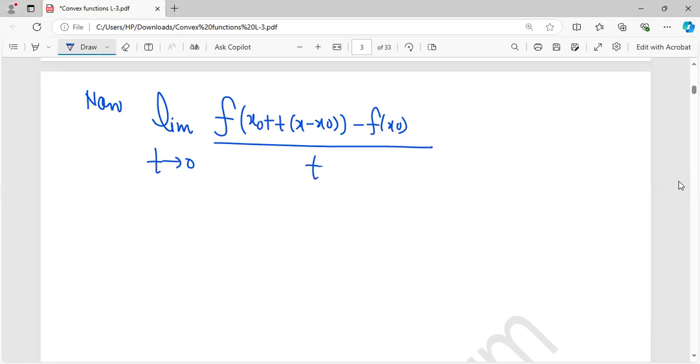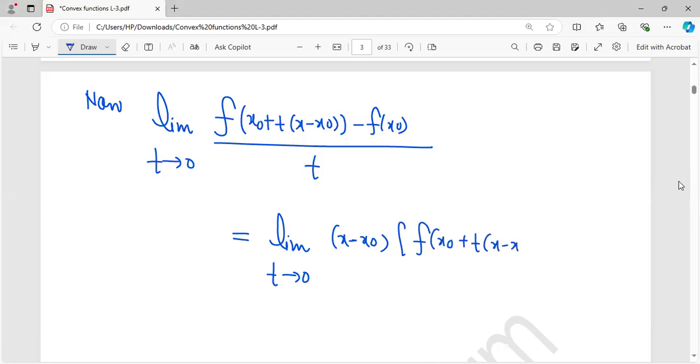We can write it by dividing: limit T tends to 0, x minus x naught times f of x naught plus T times x minus x naught, minus f x naught, upon T times x minus x naught.